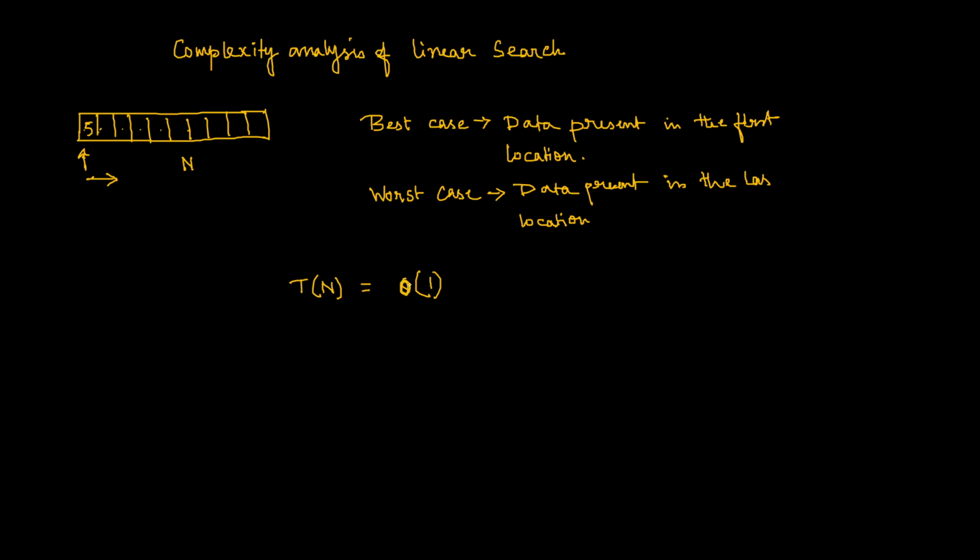Why am I saying 1? The reason is that 1 is not exactly 1. What I mean to say is that it will have some constant amount of time. It can be millisecond, microsecond, picosecond, anything. The unit doesn't matter. So this represents a constant amount of time.